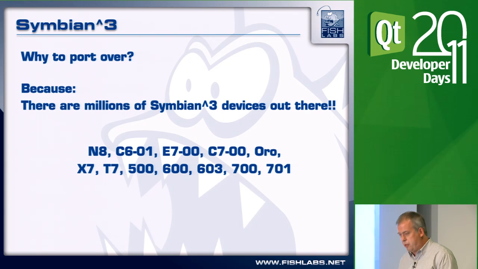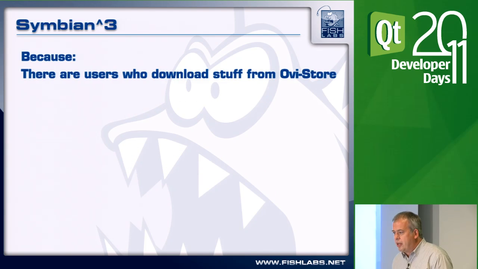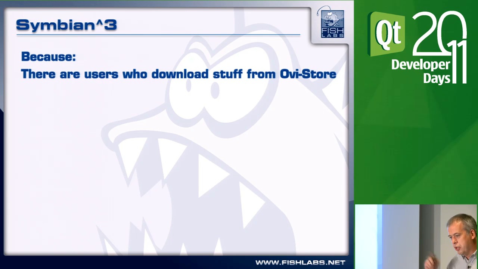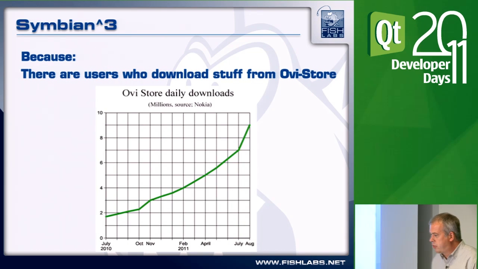And the second, more interesting part is that there are users who download actual stuff from the Ovi Store. So they not only have these kinds of devices, but they are actually buying stuff from the Ovi Store. So there's a business opportunity here. I grabbed this slide from a website. It's official figures from Nokia.